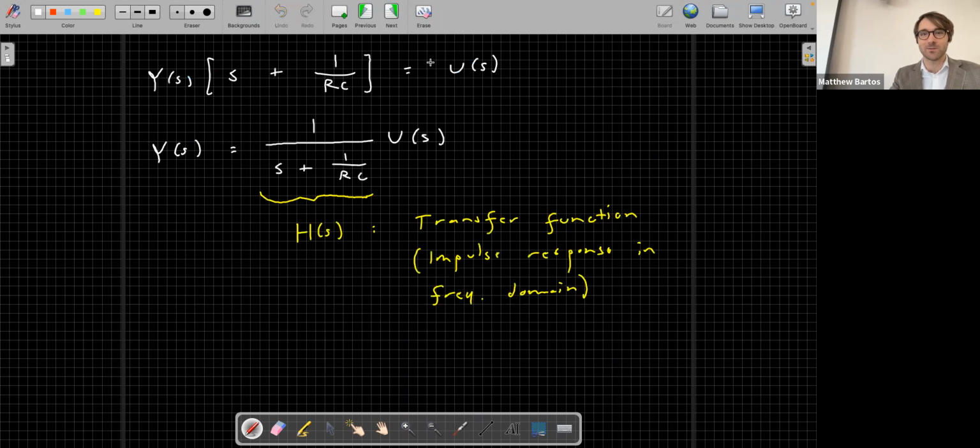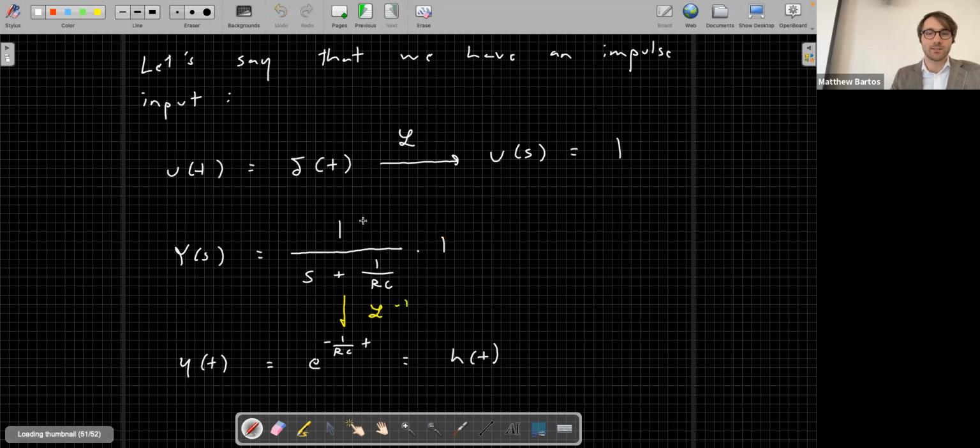This becomes 1 over RC U(s). On the numerator, you have 1 over RC. And this becomes 1 over RC. And here you get 1 over RC. And so everything was just multiplied by 1 over RC. And that is the same impulse response we found last time using the hand wave method.